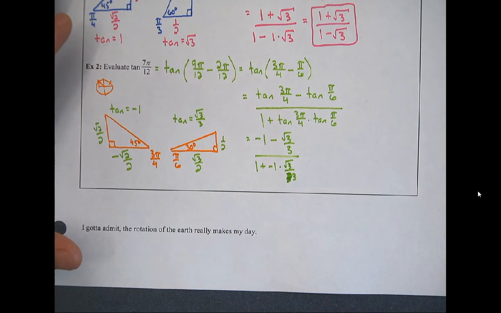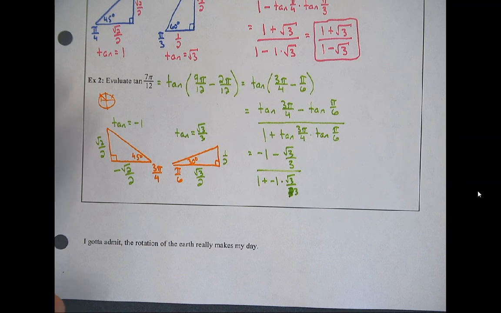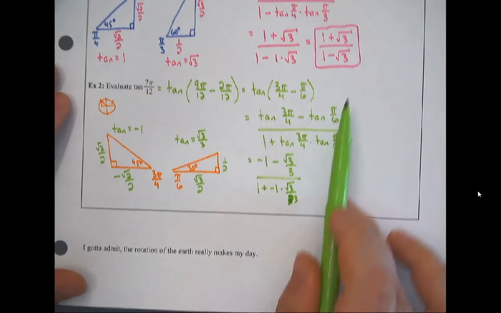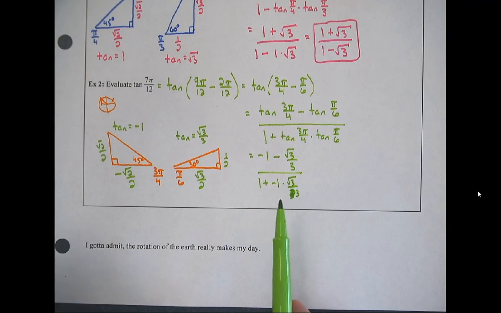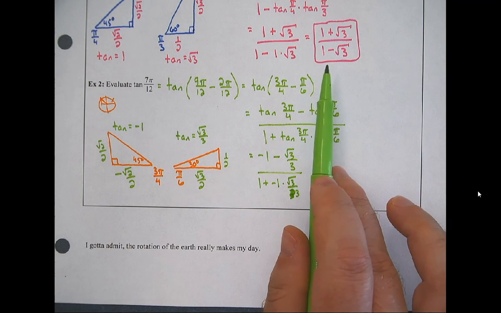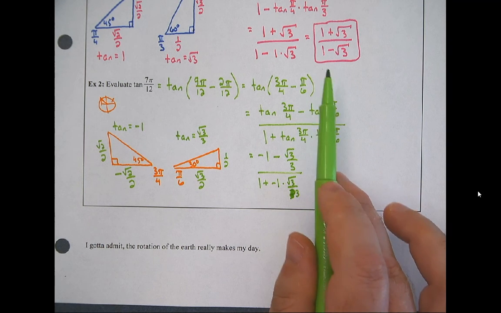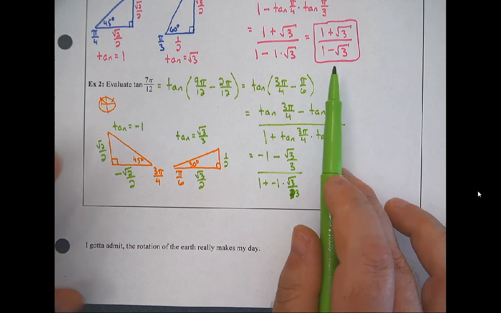Okay, so how do we clean these up? From here, I'm going to let you have a root on the bottom. We can leave it like that, but what you can't do is leave a fraction within a fraction. This is really tough to clean up. You'd have to times by the conjugate, and you get an answer that actually doesn't look a whole heck of a lot better.